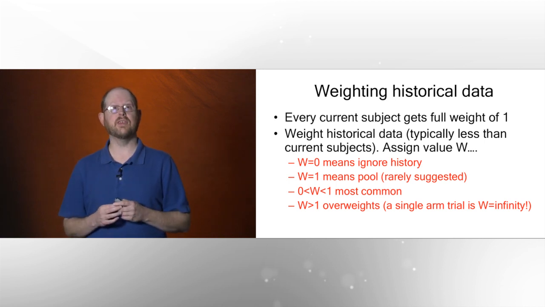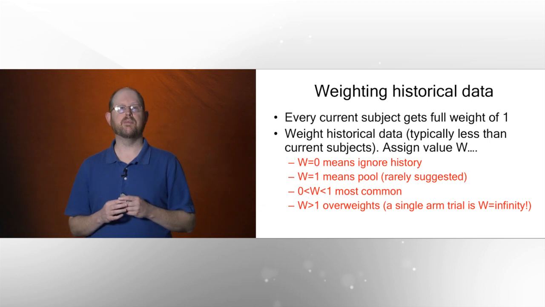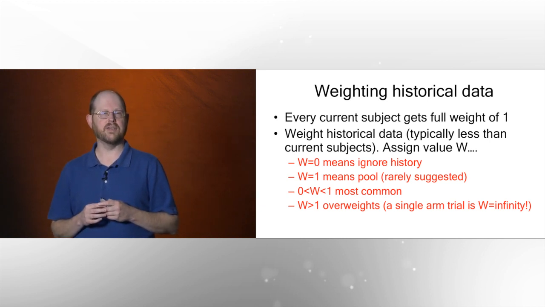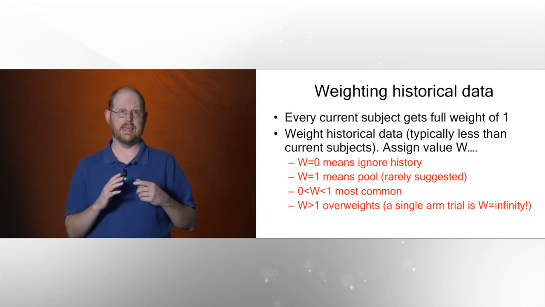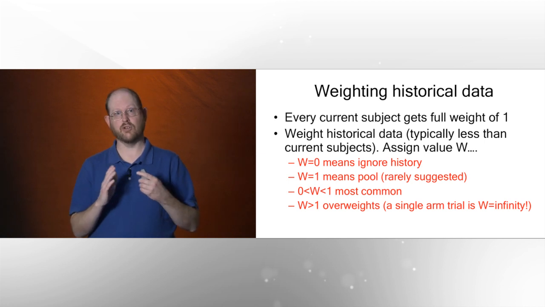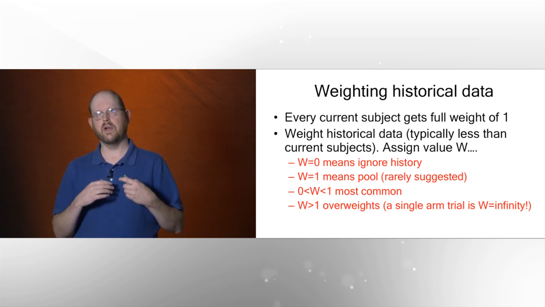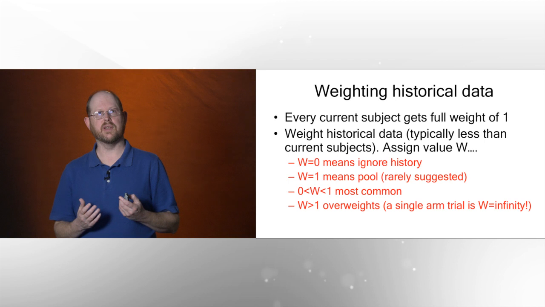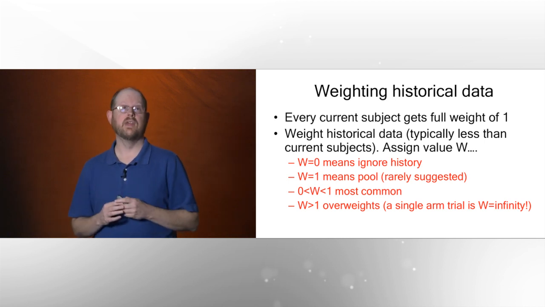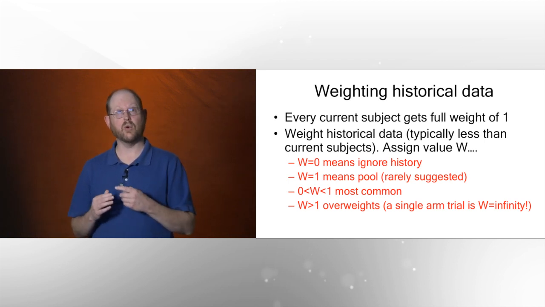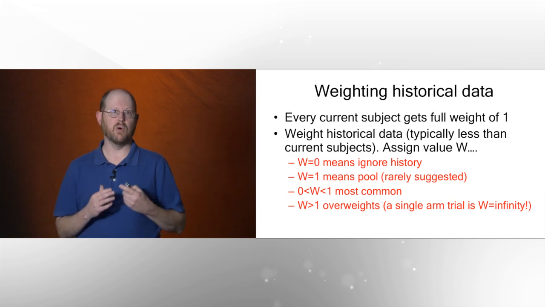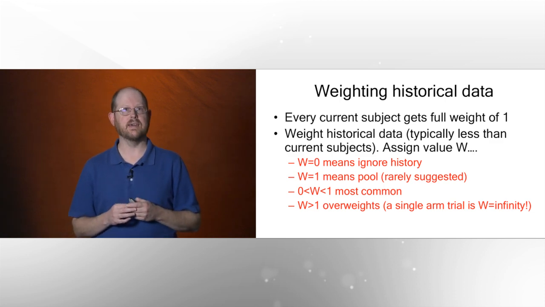It's not the best thing to do, but it's also common for people to run single-arm trials where they don't have a treatment control arm at all. And when you don't have that control arm in the current study, the only thing you have is the patients in the past. And that corresponds to overweighting. And what we'll show is that's a really bad idea. So if you're ever considering a single arm trial, you're trying to say, look, we need to really make this efficient, I want to minimize the number of subjects.